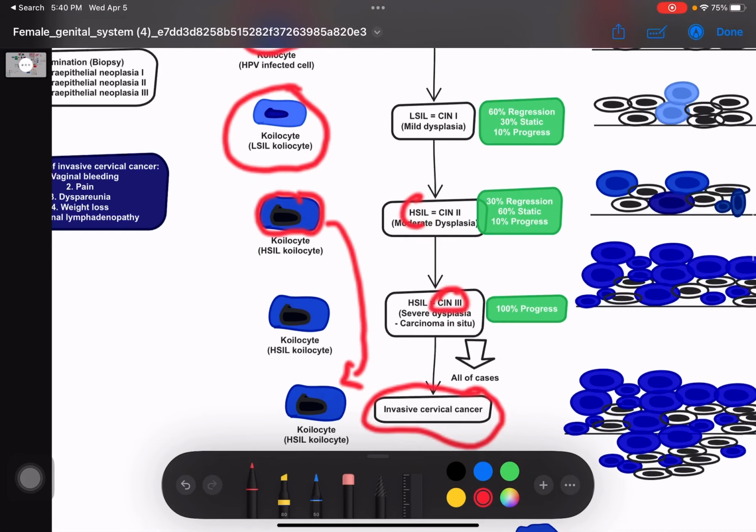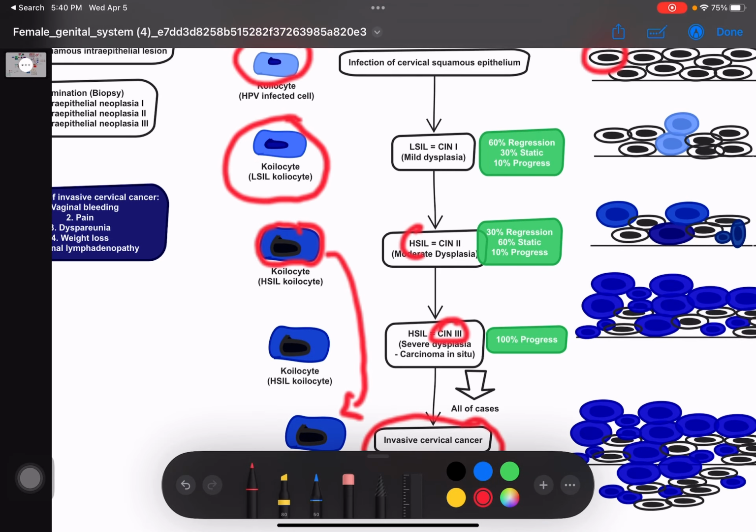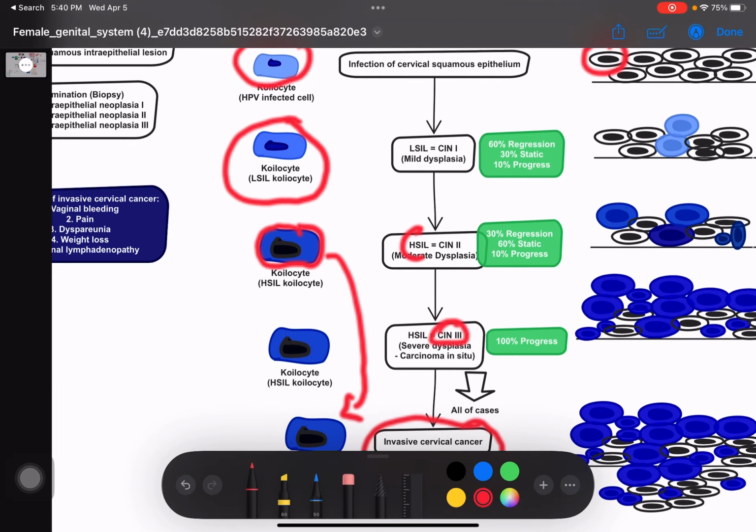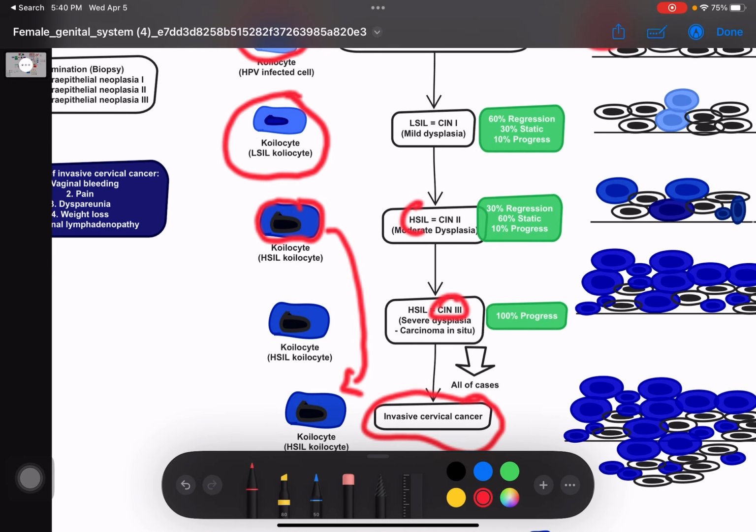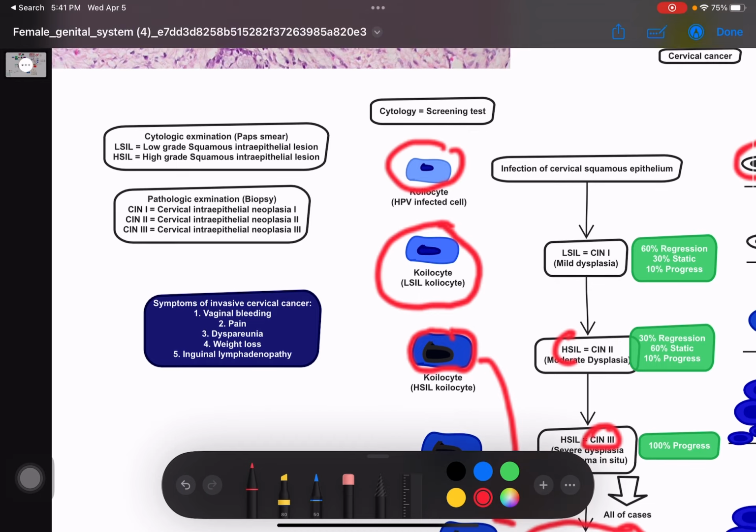So it's important to differentiate between low-grade squamous intraepithelial lesion and high-grade squamous intraepithelial lesion, right?